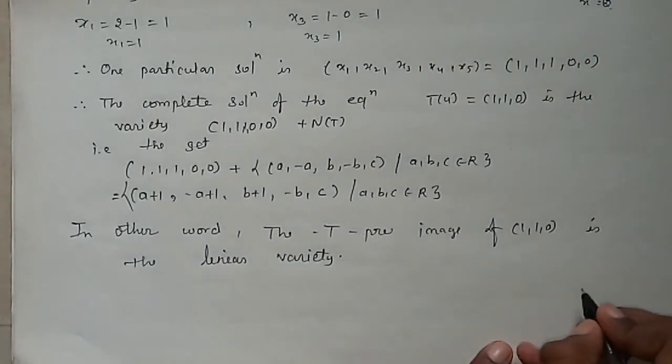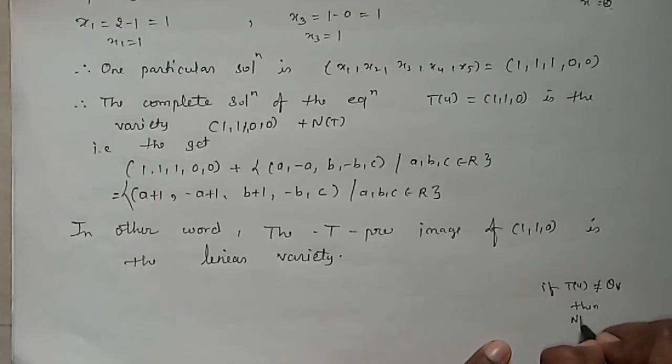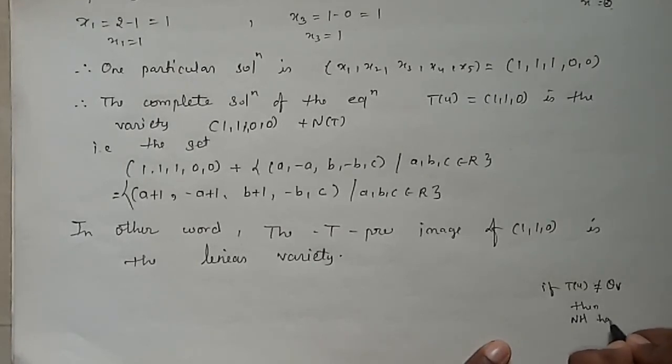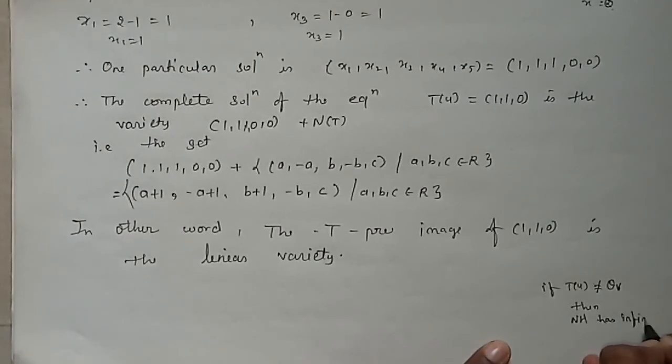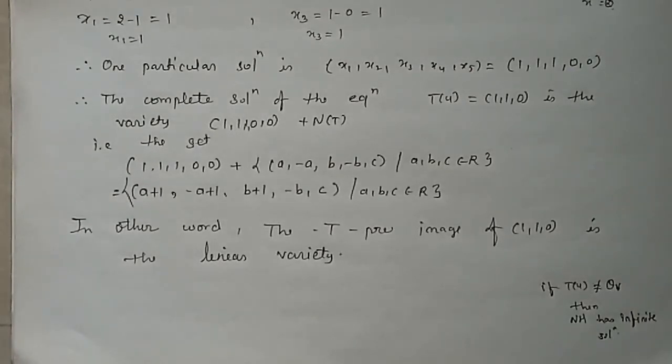So we have to remember that if T of u is not equal to theta v, then the non-homogeneous equation has infinite solutions. We have to always remember this. Where it is used, we will see in our next class.